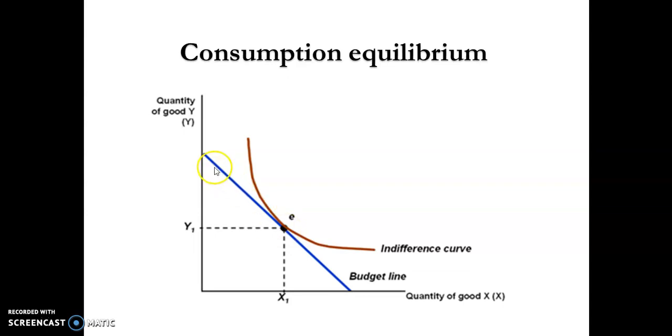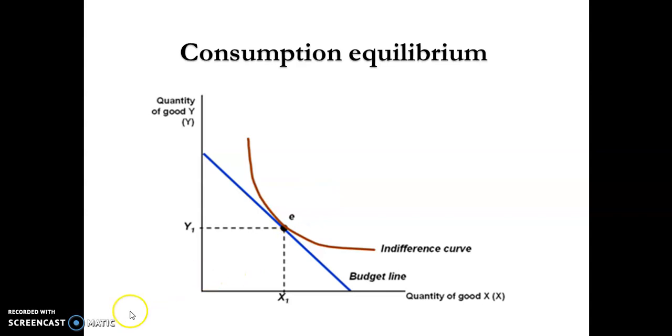Remember, you have to be on a point on this budget line because you are constrained by your income and the prices of the two goods. And an indifference curve that lay above would not be attainable, and one below, if it were to intersect this budget line, wouldn't be the highest indifference curve that is attainable, right? So hence this point E represents that the consumer is maximizing their satisfaction.